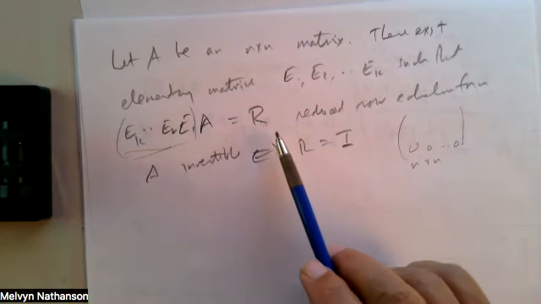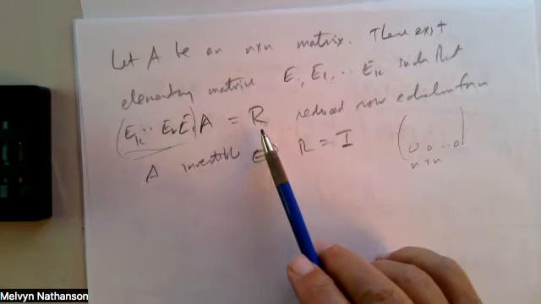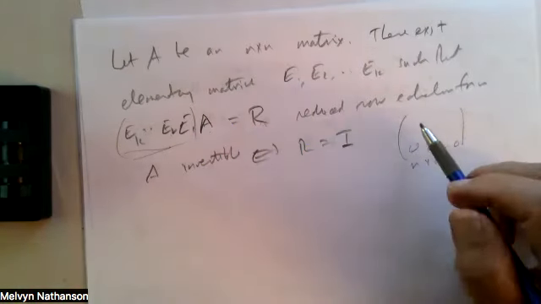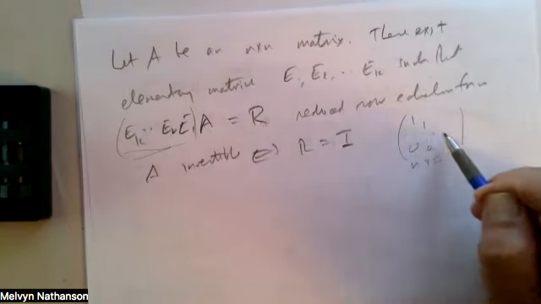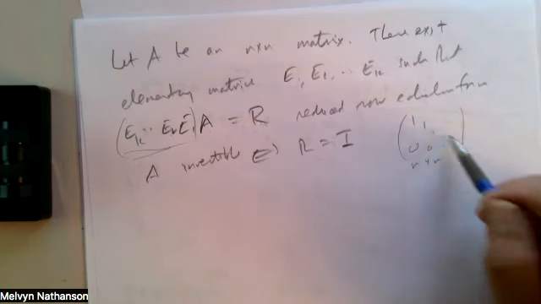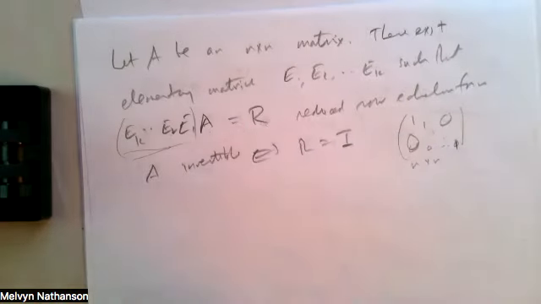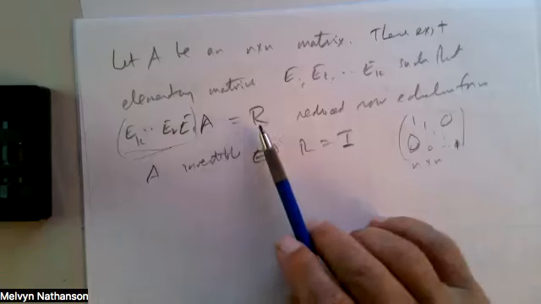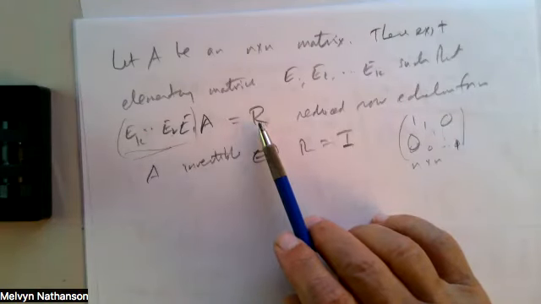So if A is invertible, then the reduced row echelon form has no 0 rows. So it has to have a 1 in every row, but there are only n rows. So there has to be a 1 along the whole main diagonal and zeros everywhere else. So if A is invertible, the reduced row echelon form is equal to the identity.